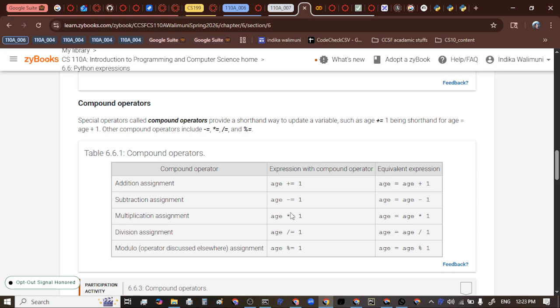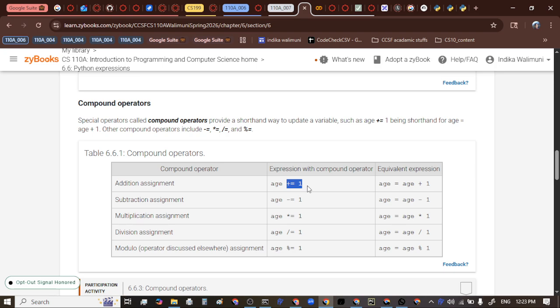For example, here we are incrementing age by 1, here we are decrementing or subtracting 1 from age, and here we are multiplying age by 1, likewise. All of these individual math operators have a corresponding compound operator as well. And this is the equivalent expression: age equals age plus 1 equals this whole operation.